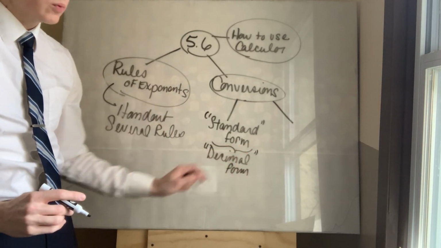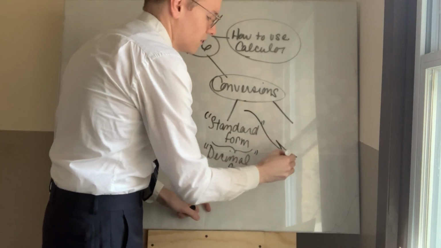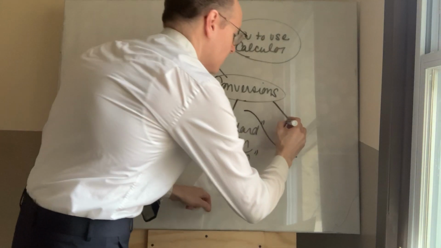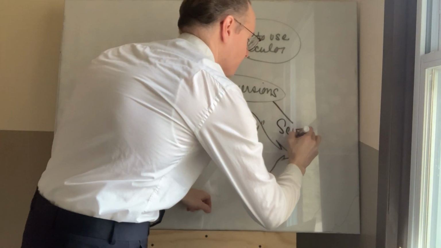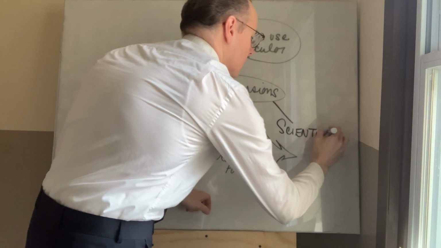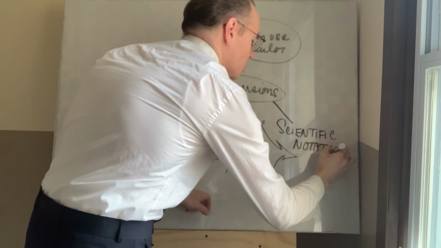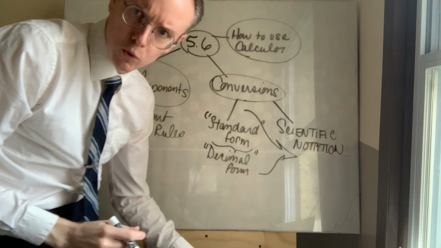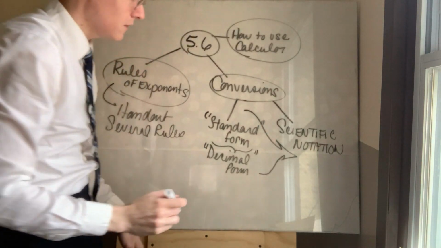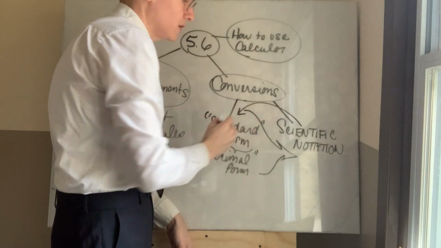And what you could do with that is you can convert it to scientific notation, which is more or less an abbreviation for either very large or very small quantities. And you could convert backward if you need to.